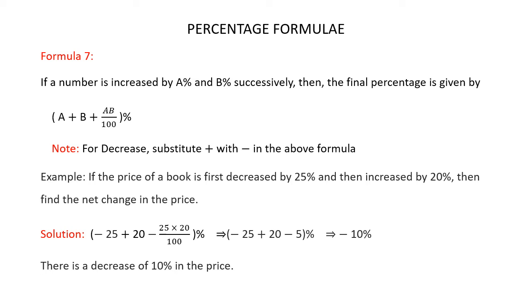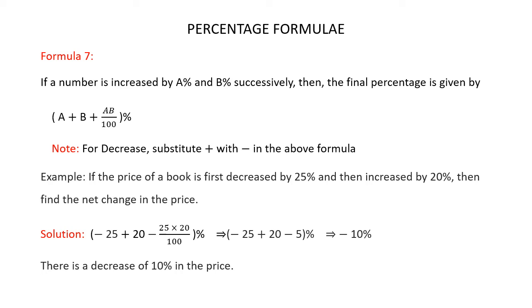Now for decrease, substitute plus with minus in the formula. That is, if a number is decreased by A% and B% successively, then the final percentage is given by A minus B minus AB divided by 100%.